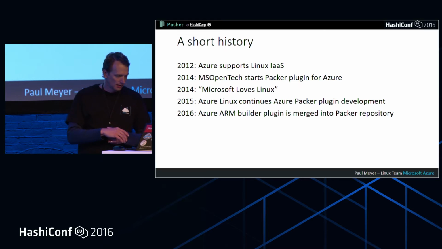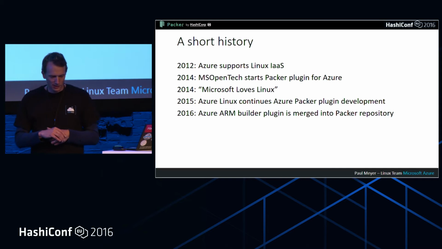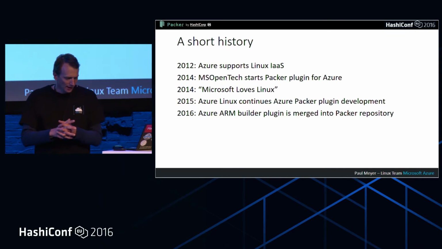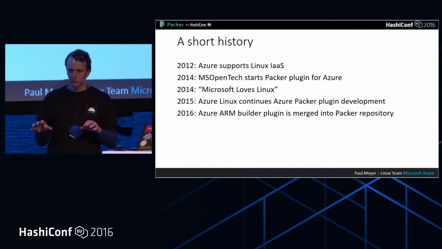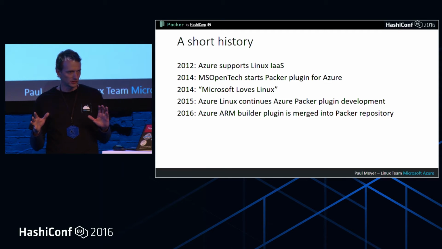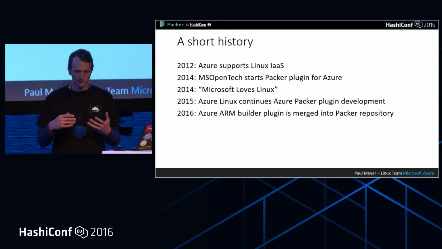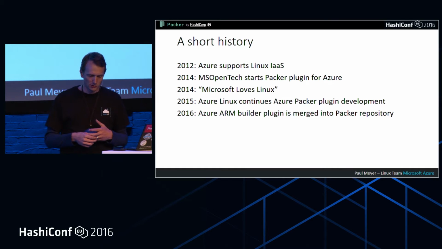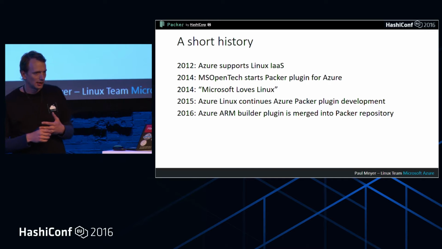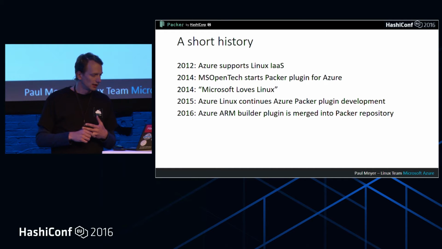So a little history here. We started Azure somewhere in 2008 as a PaaS platform, mainly aimed at Windows. We've come a long way since then. We added IaaS, so infrastructure as a service, VMs. And in 2012, we started supporting Linux as one of the options there.